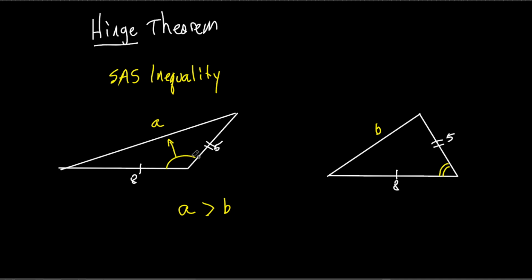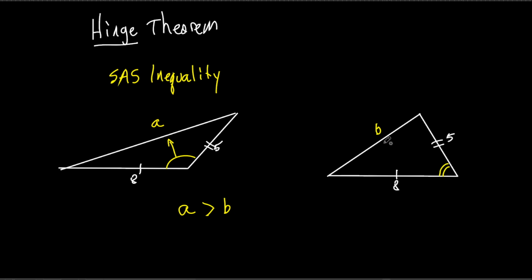It's this one right here. If that included angle is larger than the included angle of the second triangle, you with me? So if the included angle of this one is larger than the included angle of this one, then the third side of the first triangle is larger than the third side of the second triangle.